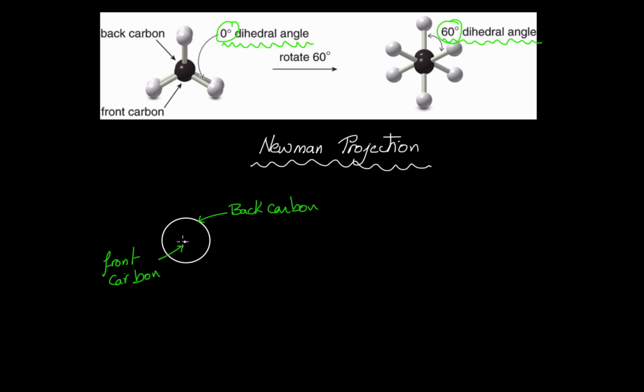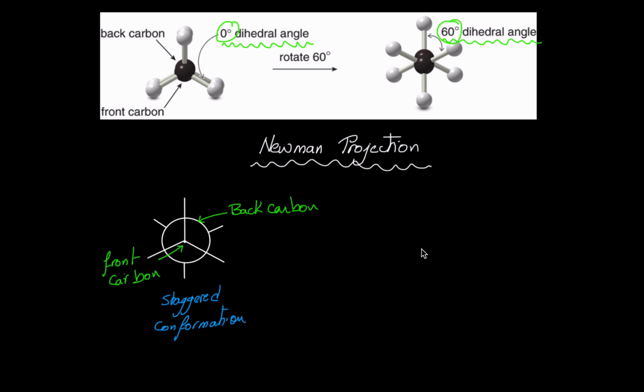From the front carbon you can draw 3 bonds, 1, 2, and 3. Now if we were to draw the staggered conformation on the back carbon, we start from the circle. So we have a 60 degree dihedral angle between each two bonds. So this is the staggered conformation.